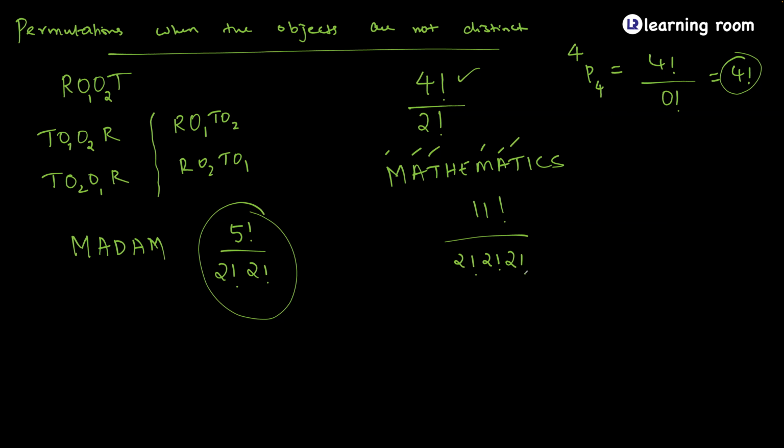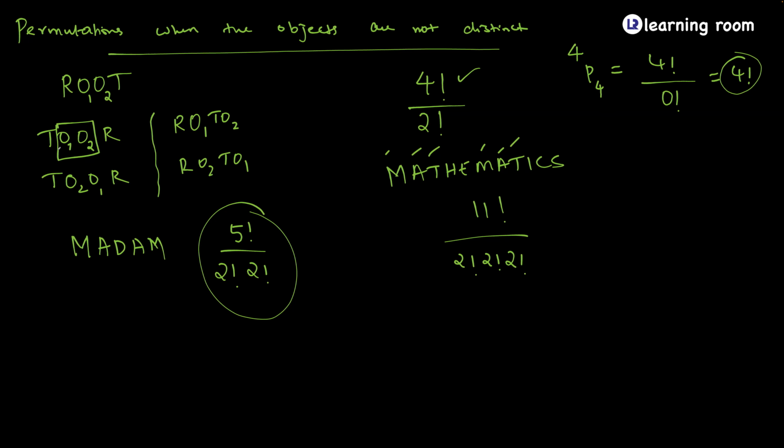Why is it 2 factorial? Why are you dividing by that number? If you treat this whole thing as one lot, these 2 letters can be arranged among themselves in 2 factorial ways. O and O can be arranged among themselves in 2 factorial ways.